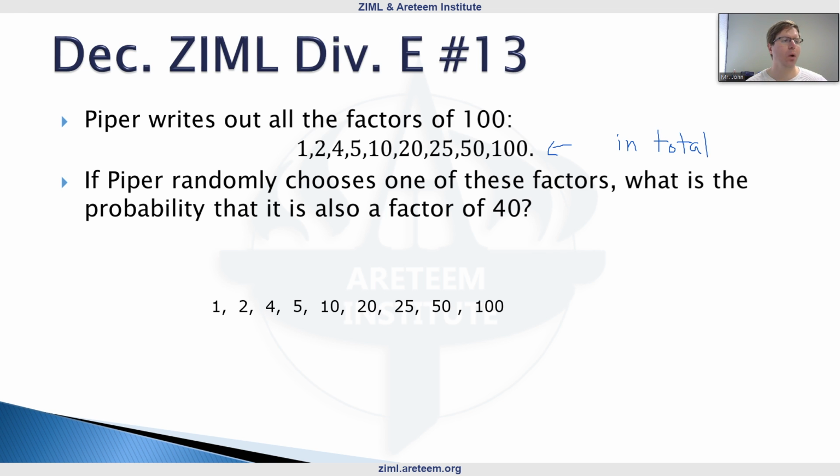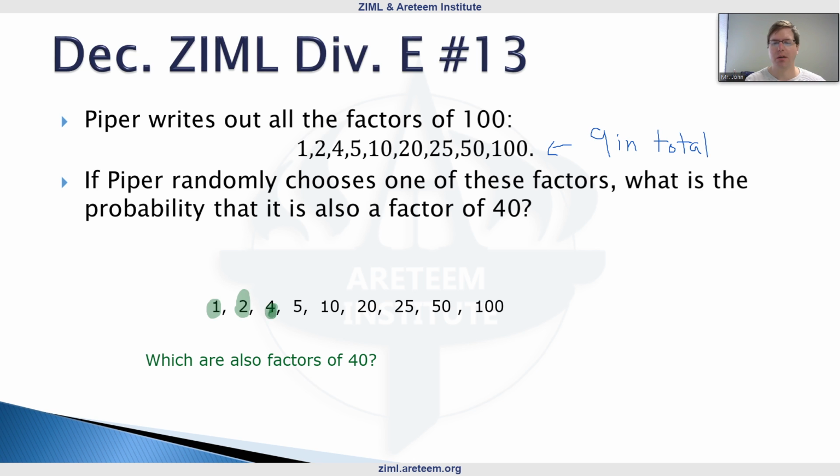Now, what are we looking at? Some people are talking about 2/3 or things like that. So then we want to highlight the ones which are also factors of 40. Remember, these are just numbers that evenly divide into 40. We'll talk a little bit more about those in general tomorrow.